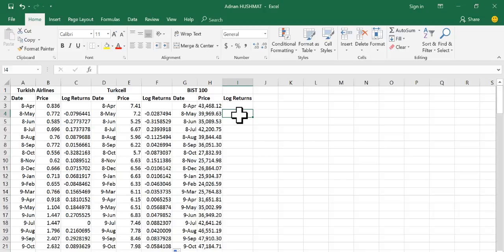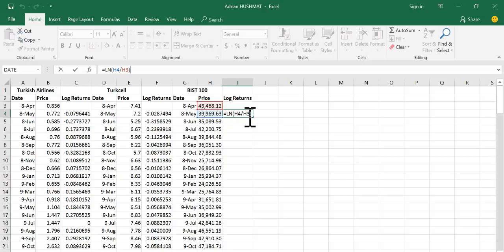What you can do is just copy this one, press Control C, and paste it here, Control V. It will automatically copy only the formula, not the number. That's the formula, you see it here. If you click this one, it has automatically copied the formula from here to here.